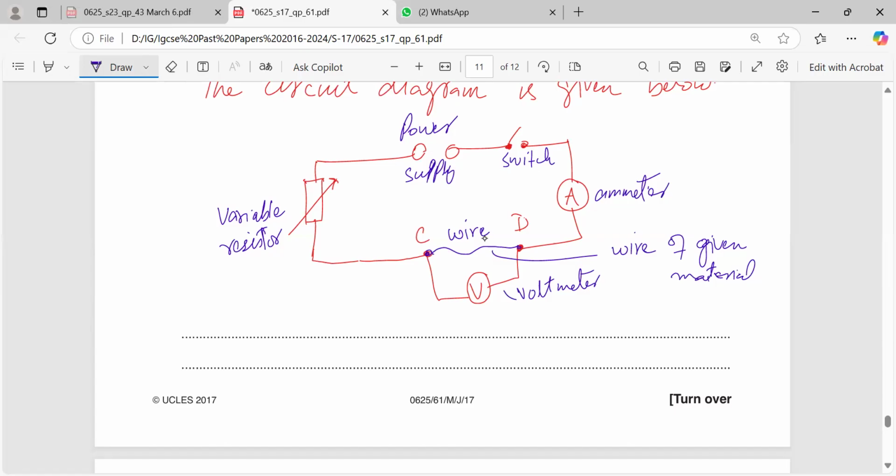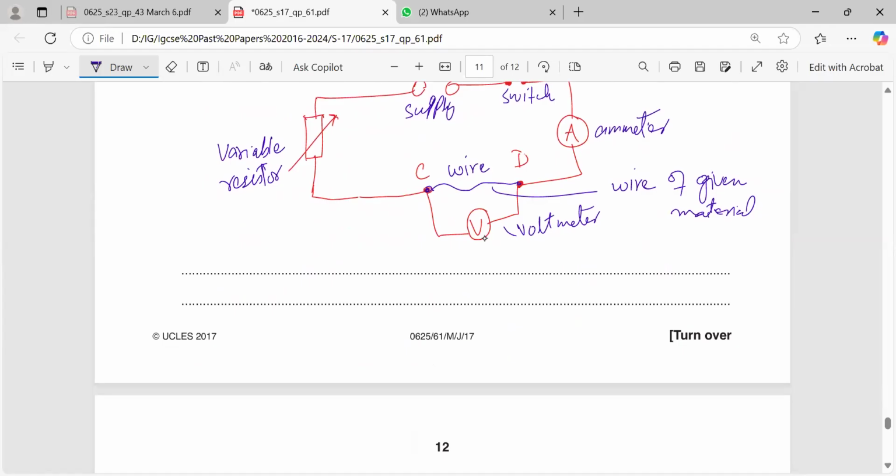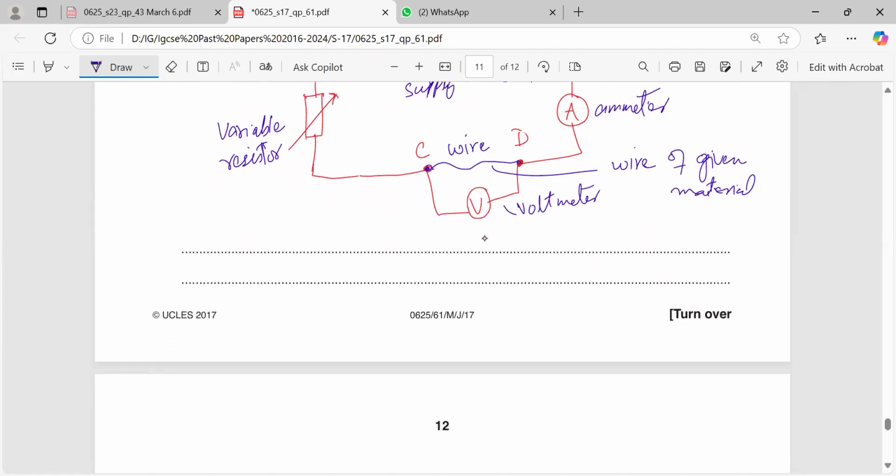Now they will definitely ask you to explain briefly how you would carry out the investigation, including the measurements you would take. Here, my dear friends, first of all you can say: arrange the circuit as shown above. Even if it is not needed, if you are not writing it, no problem.